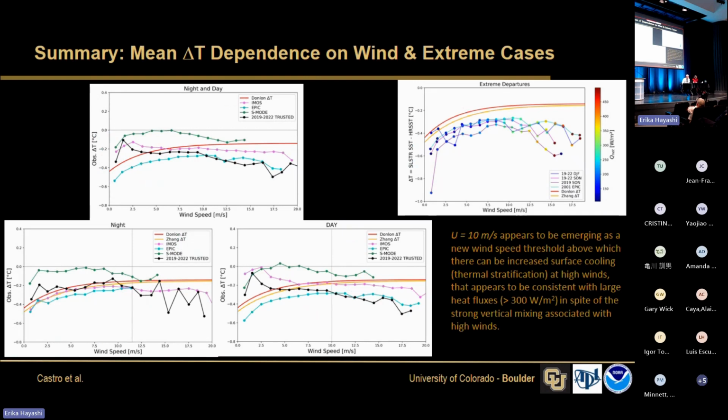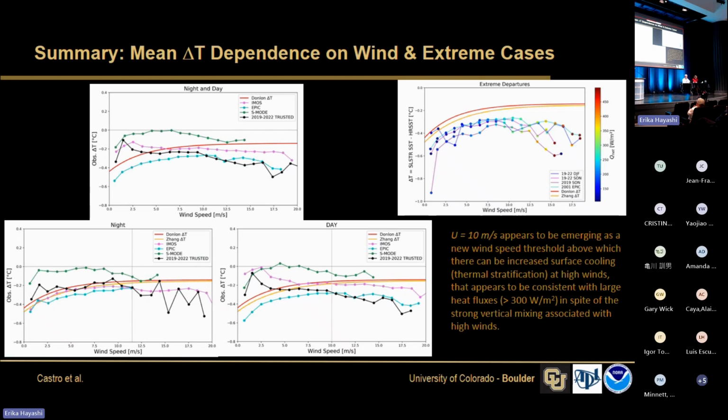If I put just the mean dependence under one plot, all of them depart at about 10 meters per second. So this 10 meter per second wind is emerging as a new wind speed threshold, after which we can have strong cooling under high winds.